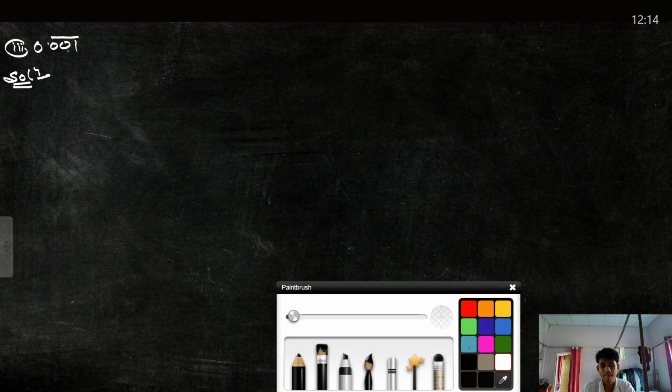Okay, so now comes the third question. Similarly, let x be equal to 0.001001 dot dot dot, and let it be equation 1.